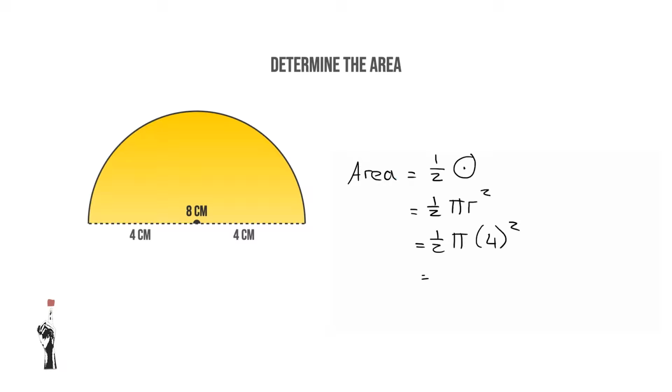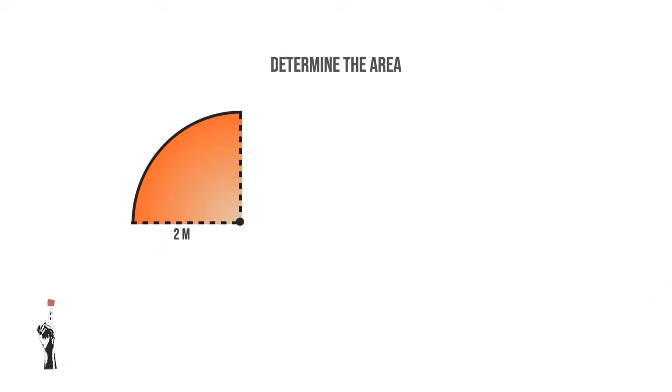A half times pi times 16 is the same as a half times 16 times pi. Half of 16 is 8 pi. If I insert 8 pi on my calculator, I find that the decimal value for area is 25.13 square centimeters.